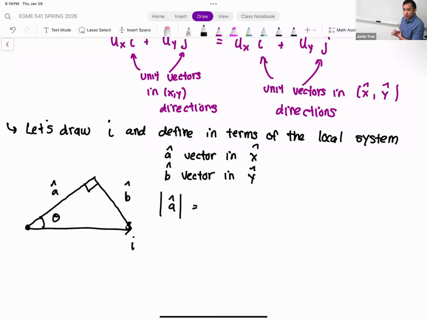Let's use trigonometry to compute the length of A. A is this edge here that's adjacent to that angle, right? If you go back to our good old SOHCAHTOA, for the adjacent edge, we need to use cosine. We're going to take cosine and multiply that by the length of the hypotenuse.